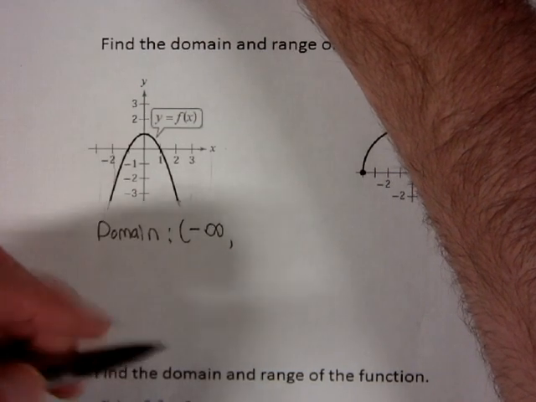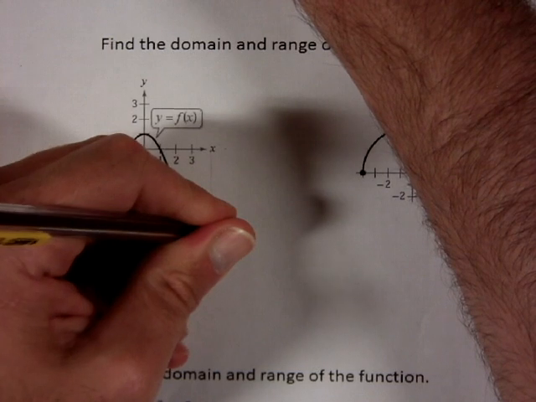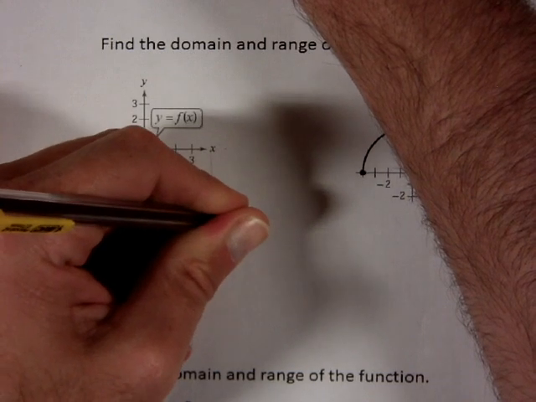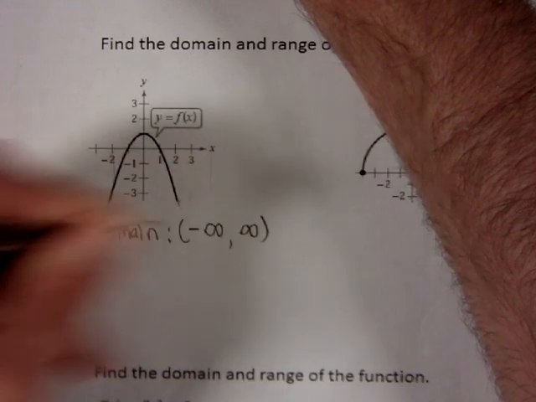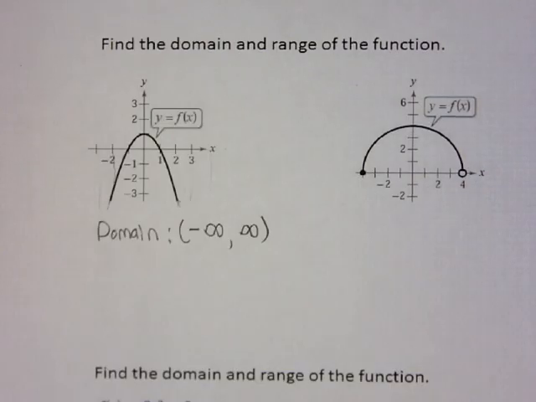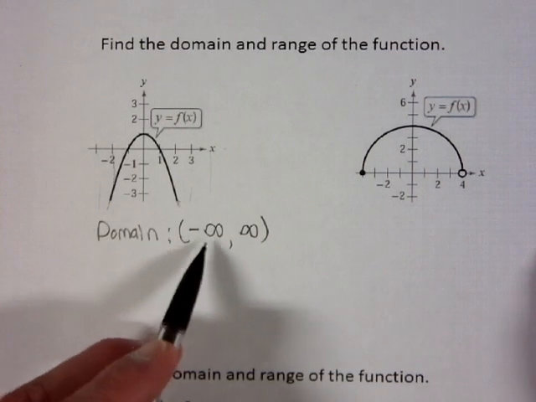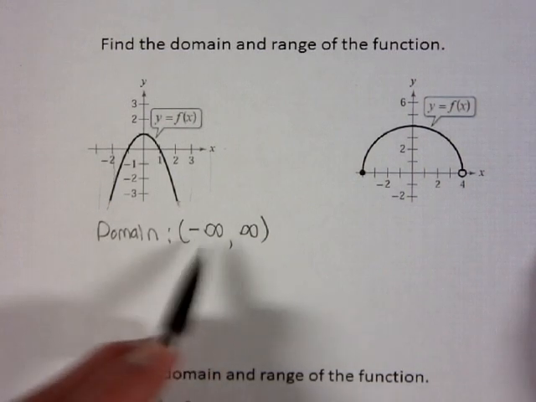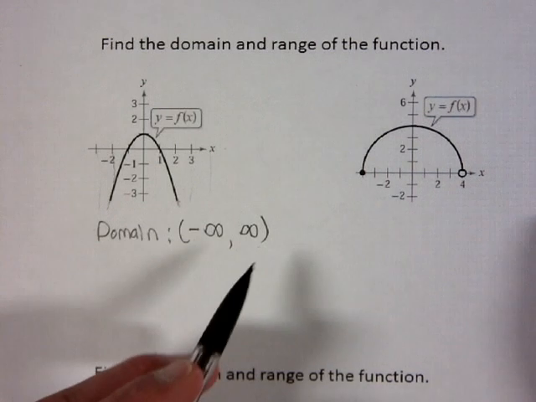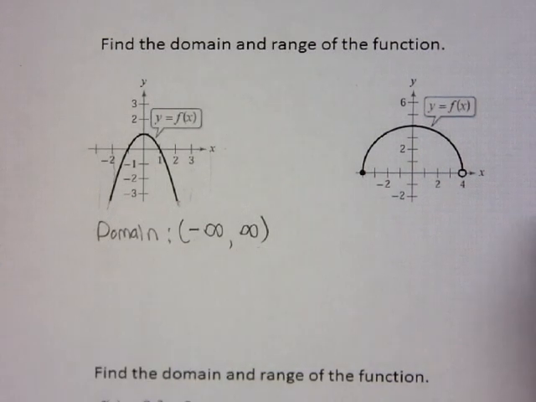This graph continues on to infinity. And so that is your domain. In interval notation, it would look like this: from negative infinity to infinity. That's just interval notation's way of writing all real numbers. The domain is all real numbers.